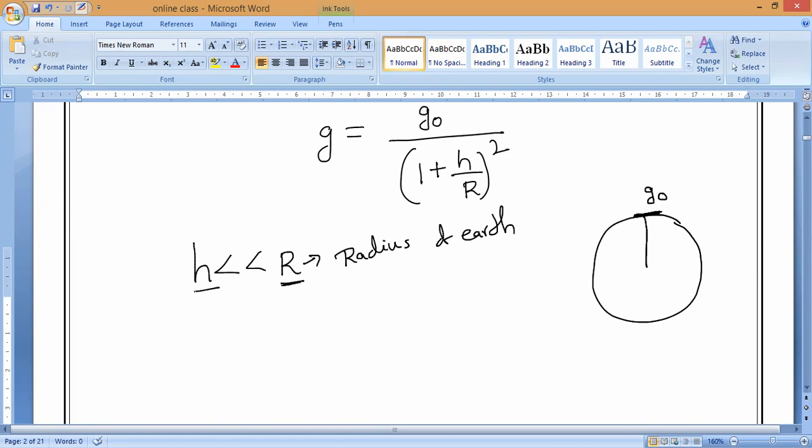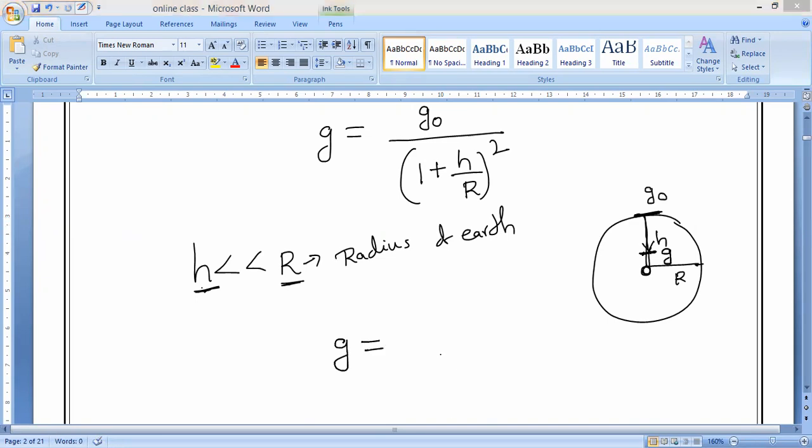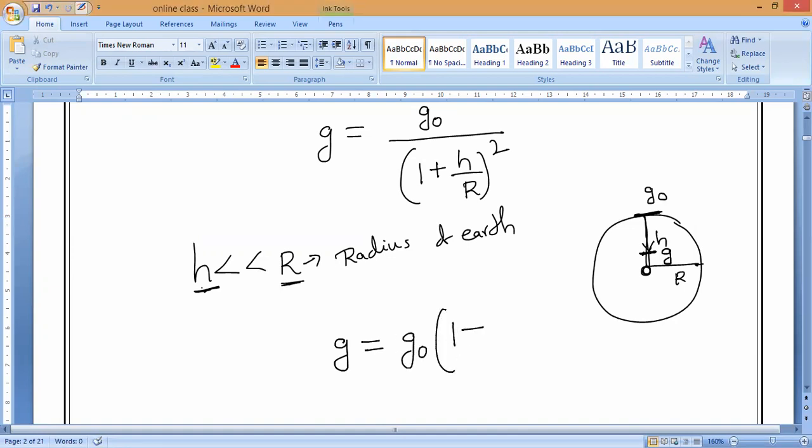If h, in the sense of altitude, is less than r, meaning you keep on going down inside the earth, then the g value will vary. Suppose at this certain depth I want to find the g value, then g is equal to, please write it, g naught into (1 minus 2h by r).